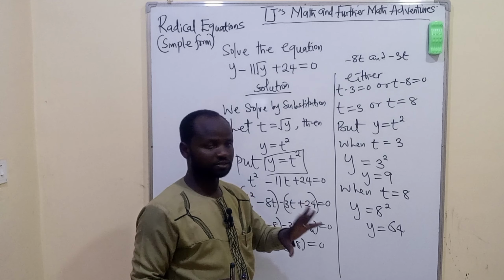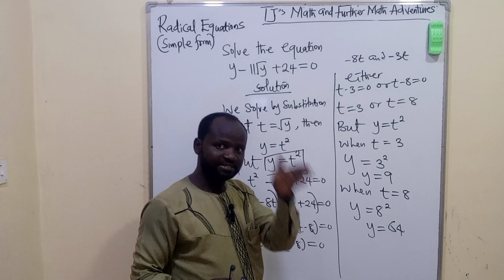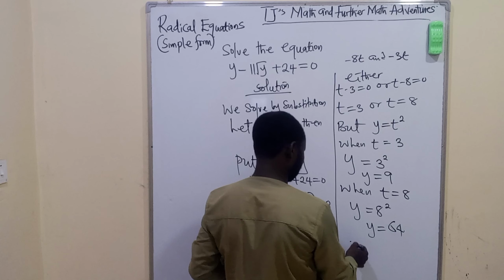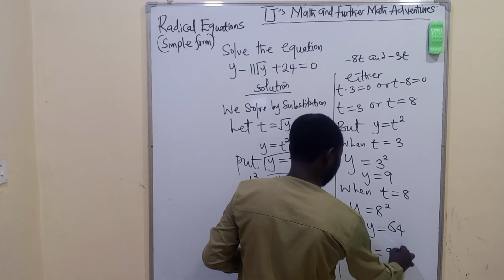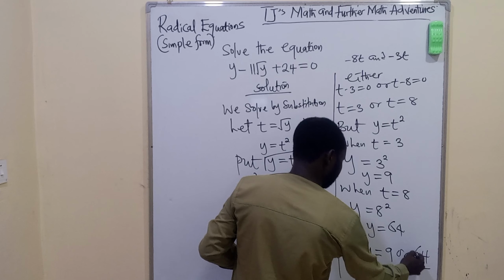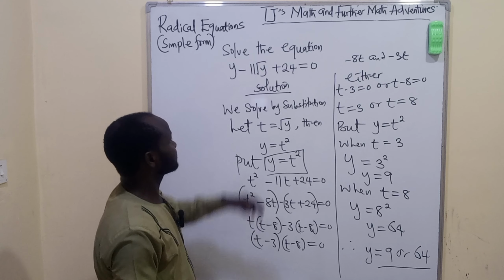This is the common mistake that some students normally make. It's not 8 times 2, but rather 8 times 8, which is 64. So therefore, we can conclude that y is equal to 9 or 64. This will be the value of y because we are asked to find y.